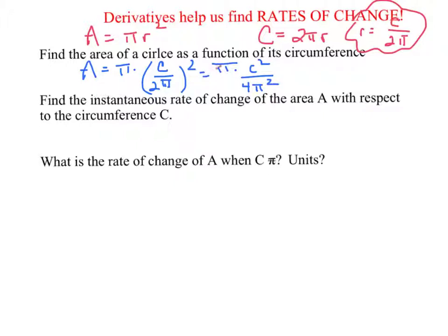You can do a little bit of canceling with these pi's. C squared over 4 pi, I'm going to rewrite as 1 over 4 pi times C squared.